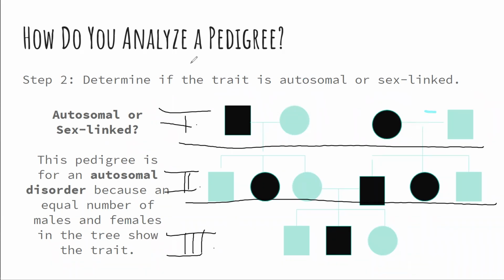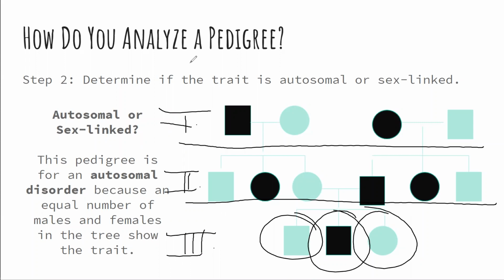As we go down the generations, who do grandpa and grandma give birth to? The parents. So this is a mom and this is a dad. And then these parents give birth to who? Their offspring, 2 boys and a girl, because remember, males are squares and females are circles.